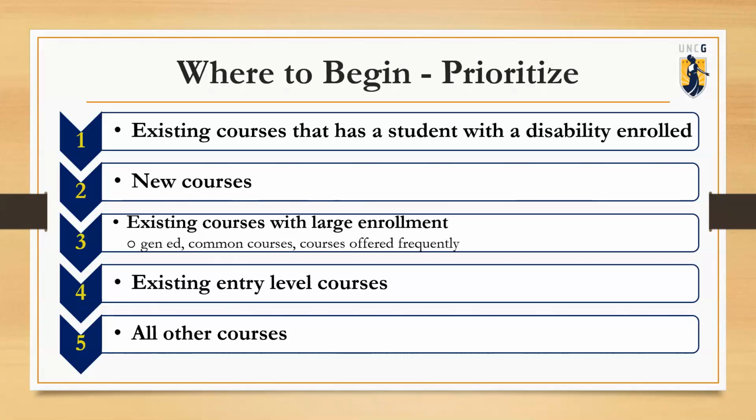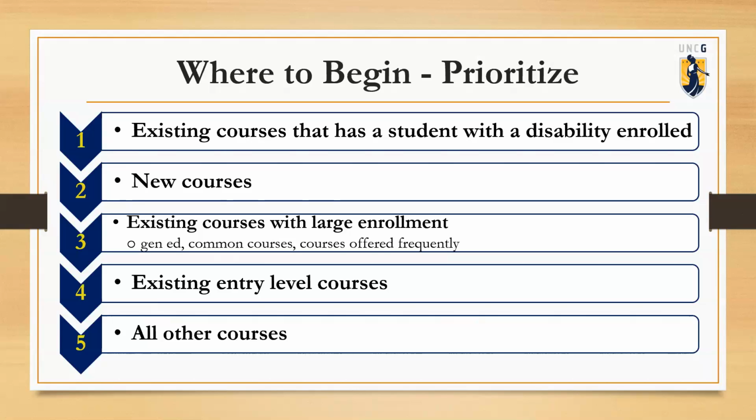Because if it's a course that reaches a lot of students, then the chances of a student with a disability enrolling in that type of course are probably more likely. And if you've already addressed those accessibility issues, then you won't have to worry about going back and remediating when that student with a disability enrolls in the course.